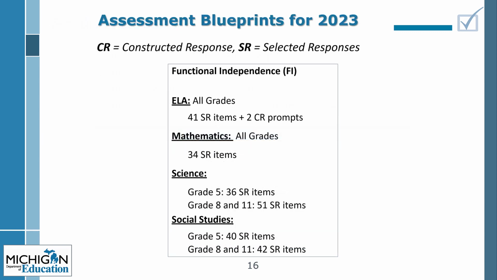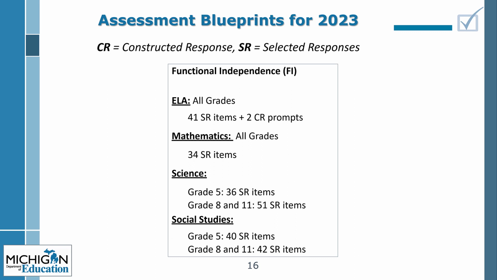The CR stands for Constructed Response and the SR for Selected Response. For Functional Independence ELA, accessing print in grades 3 through 8 and 11, we have 41 items and 2 constructed response prompts for expressing ideas.